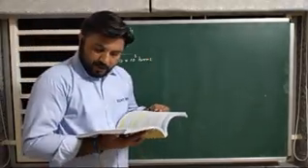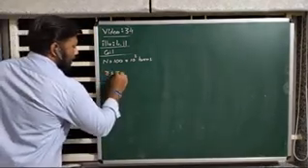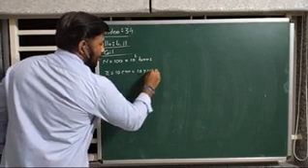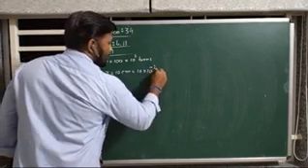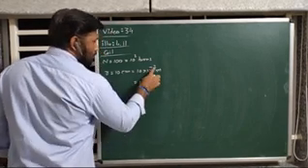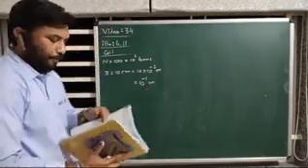And it having radius 10 centimeter means R is given 10 centimeter. So it is 10 multiplied by 10 raised to minus 2 meter. So it is 10 raised to minus 2 plus 1, that is minus 1 meter.